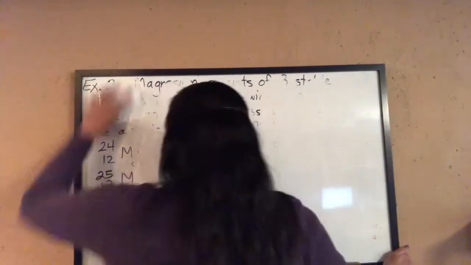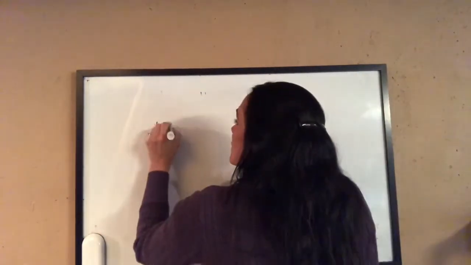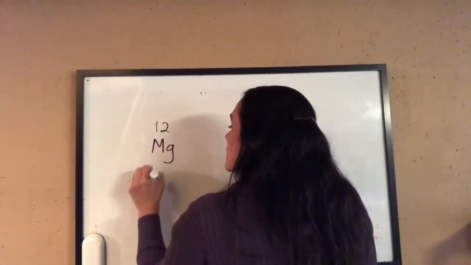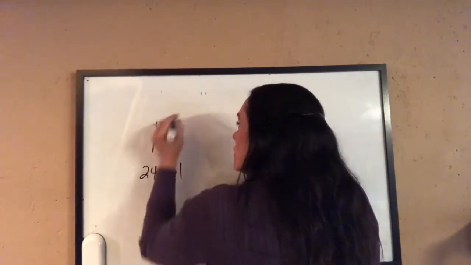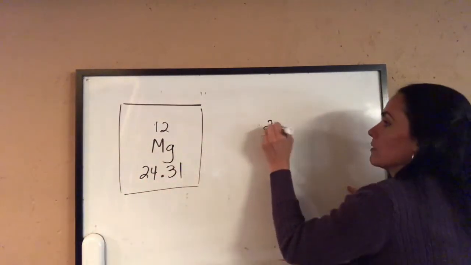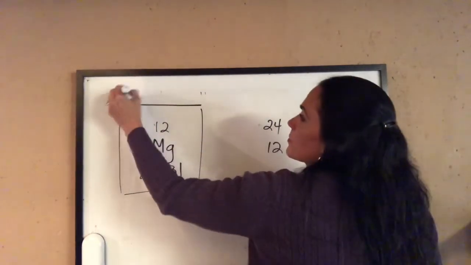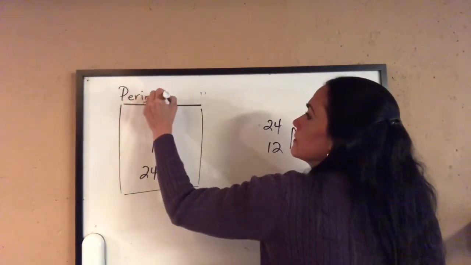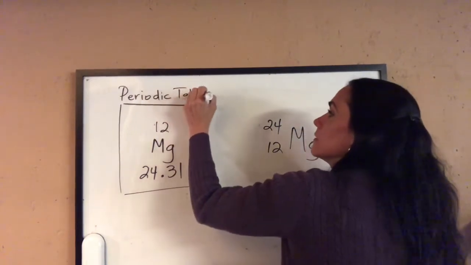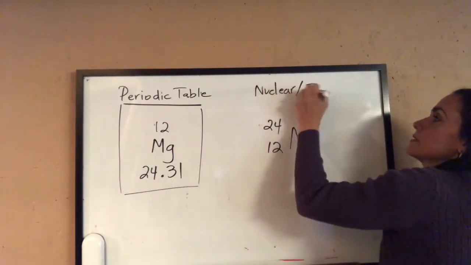Just to point out what I've been pointing out along in this video. This is the periodic table. This would be a nuclear or isotope symbol.